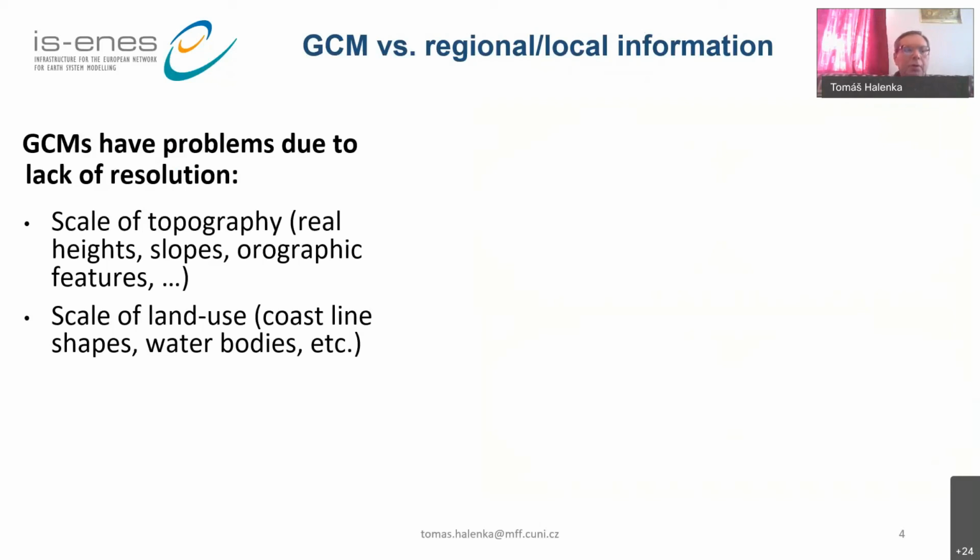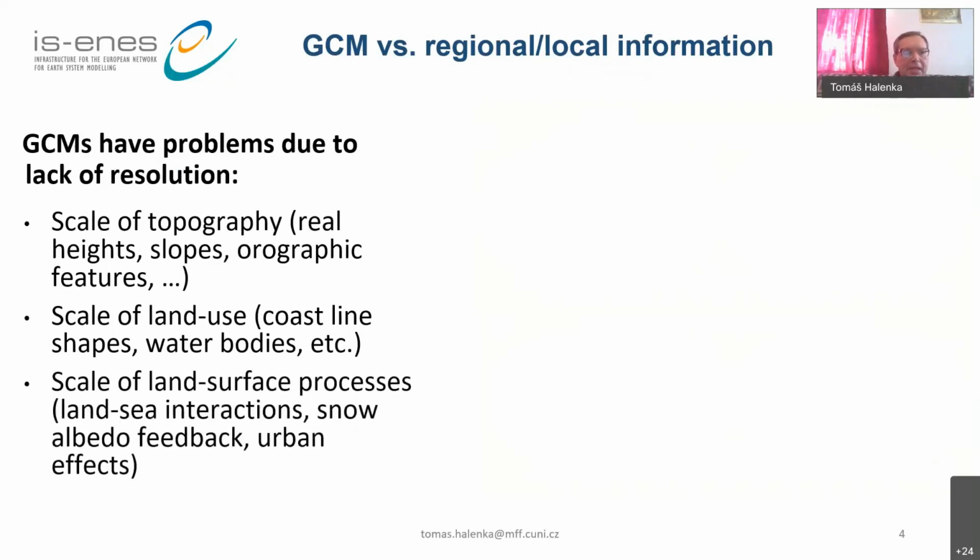And the scale of land surface processes is another point. In a GCM within a grid box you cannot see this very precisely, but as I said, for impact studies you need really local effects which can affect climate and even the climate change signal, as we see later. So we need those things better resolved, even some land surface processes and other issues.